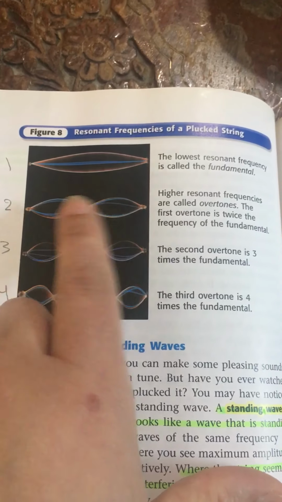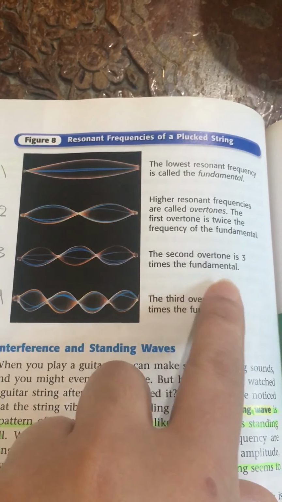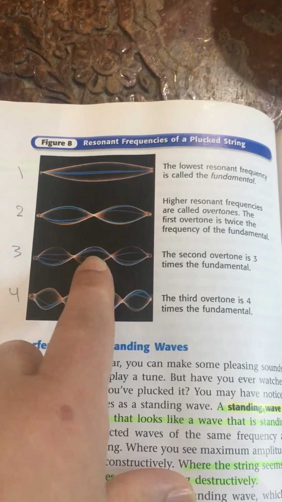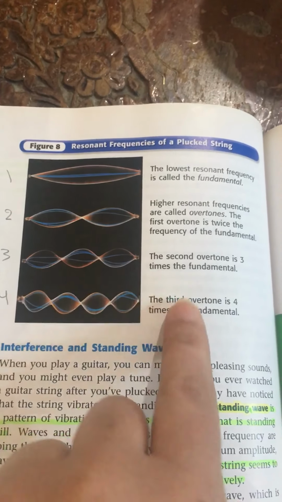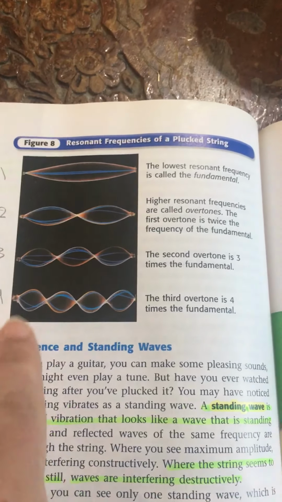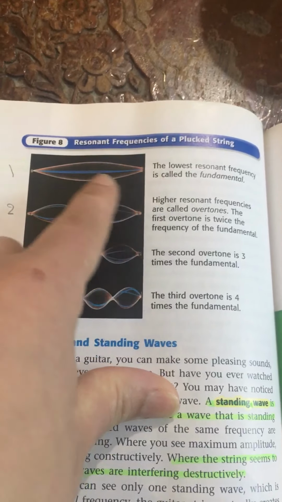So look, these are twice. And then the second overtone is 3 times the fundamental. Here, the third is 4 times, 1, 2, 3, 4, 4 times the fundamental wave.